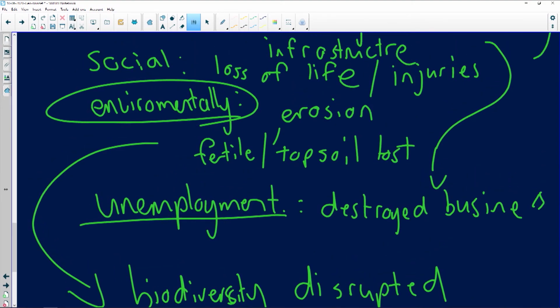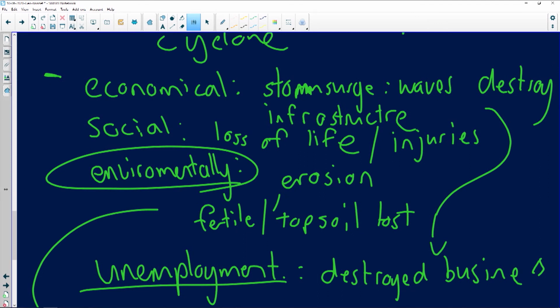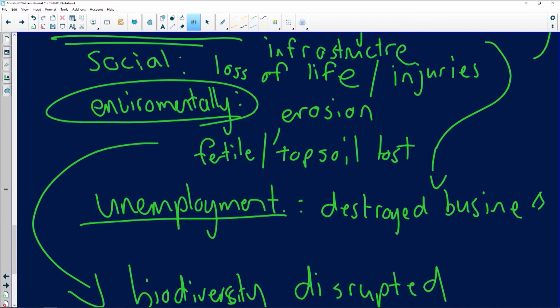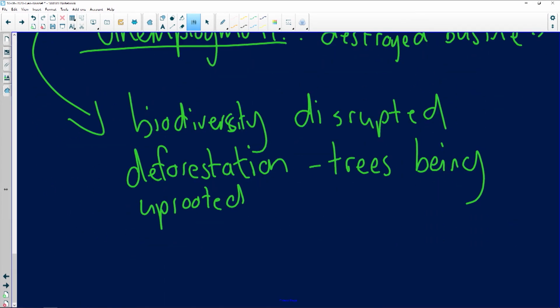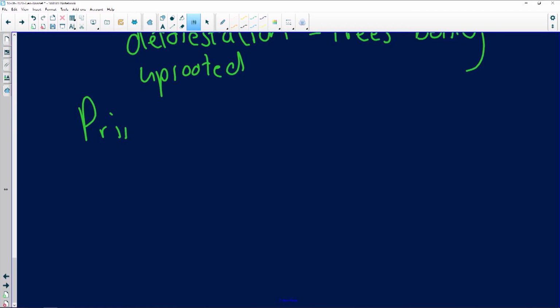Now, I want to mention an important one as well, and I want to integrate, I'm going to go back to economical over here, and I'm just going to write down at the bottom, and I want to explain it to you, because we're basically explaining urban settlements. If you look at Mozambique, it's a developing country, right? Now, developing countries mainly focus still on what? Primary activities.